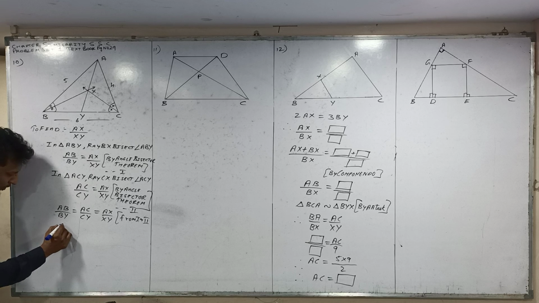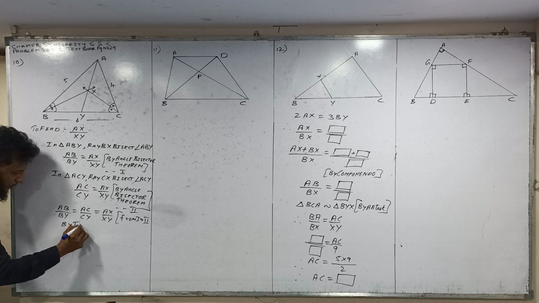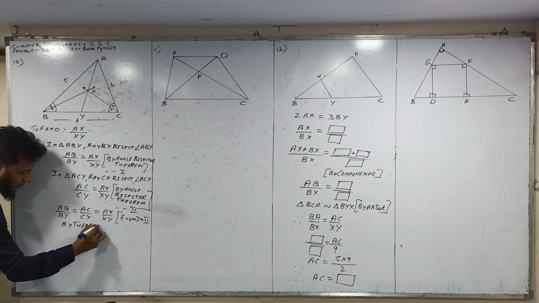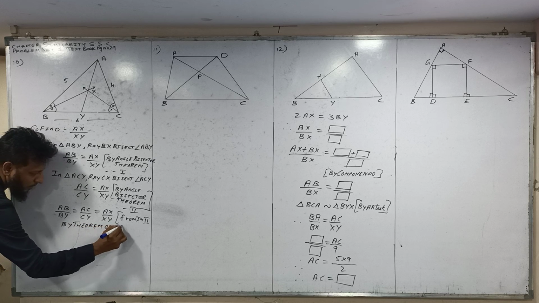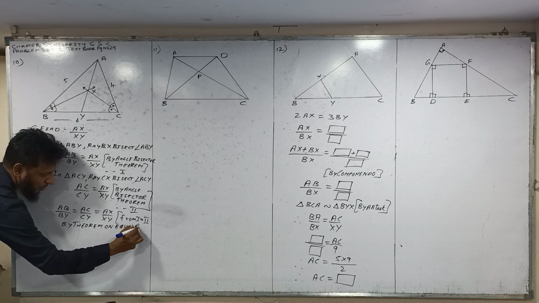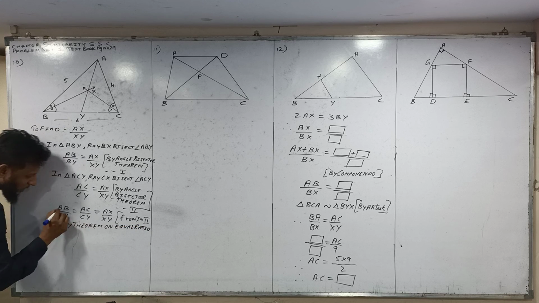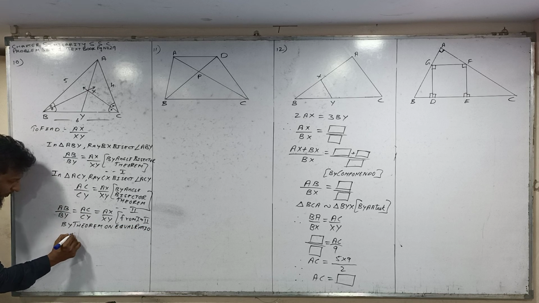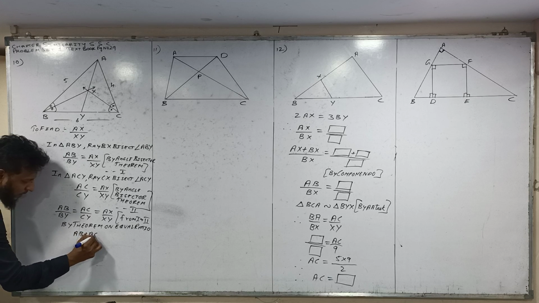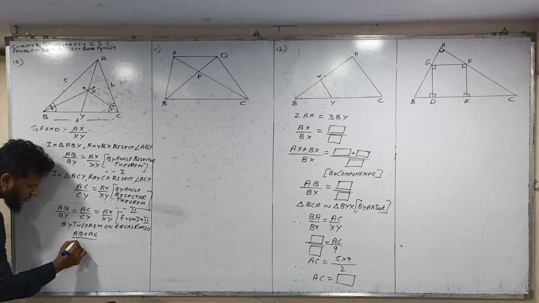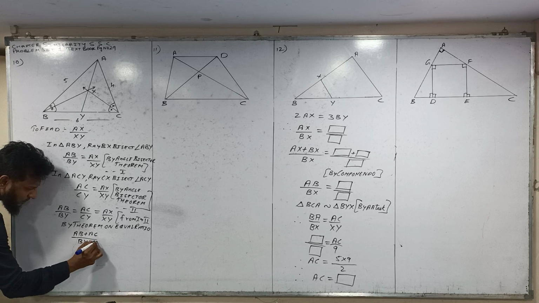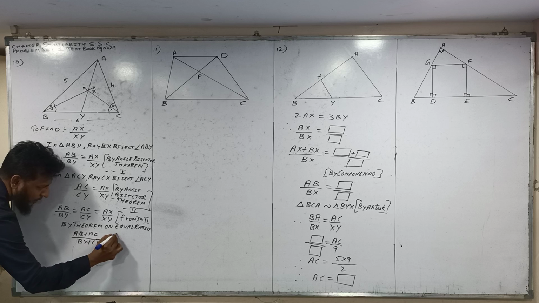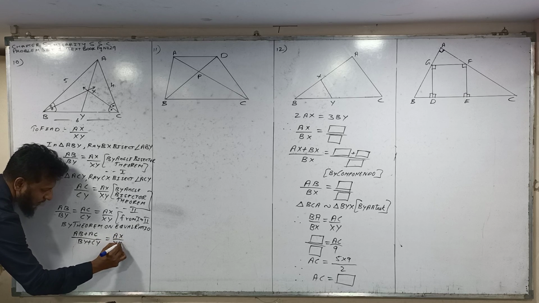Now, by the theorem on equal ratios, AB plus AC upon BY plus CY, and AX upon XY as it is.